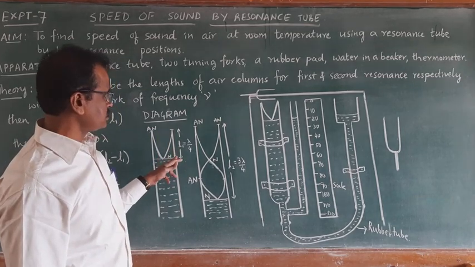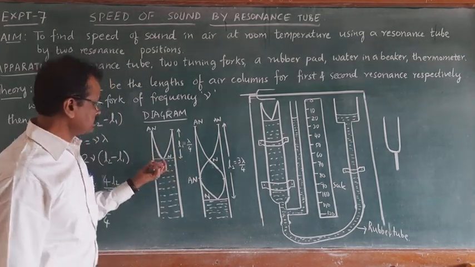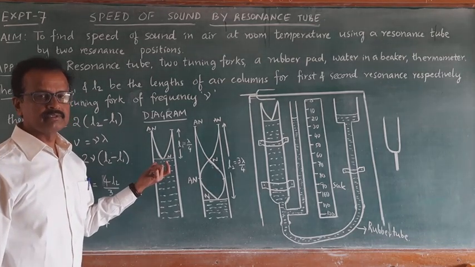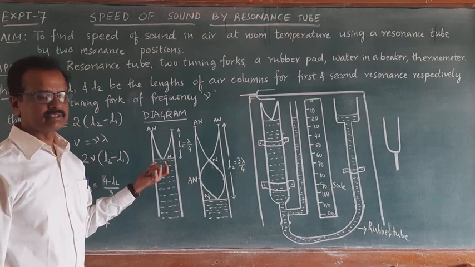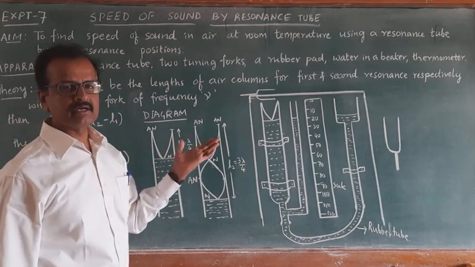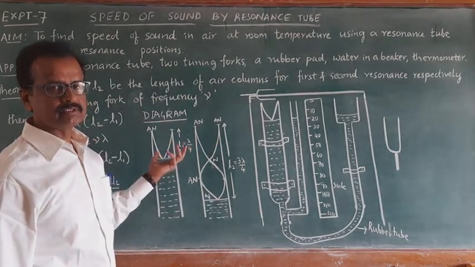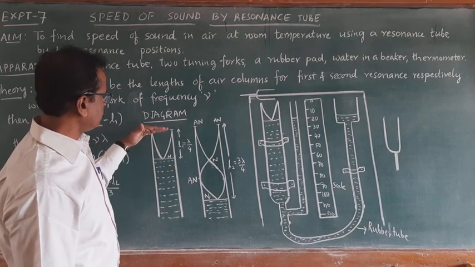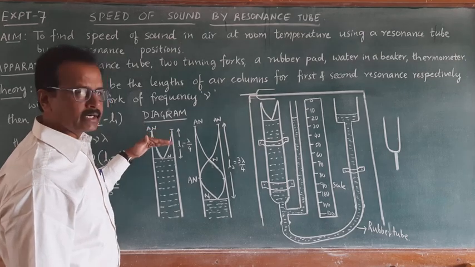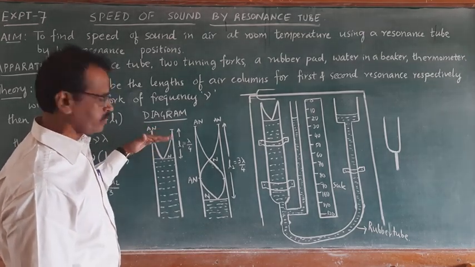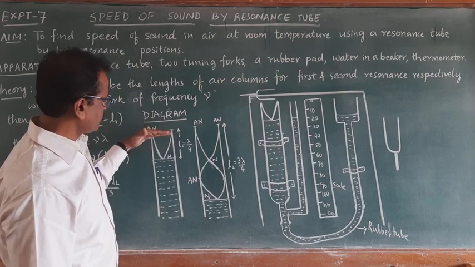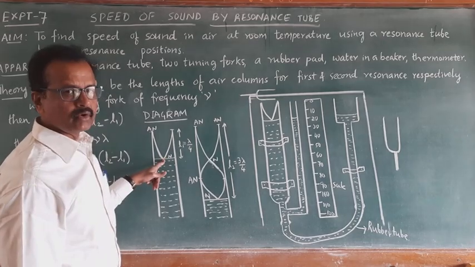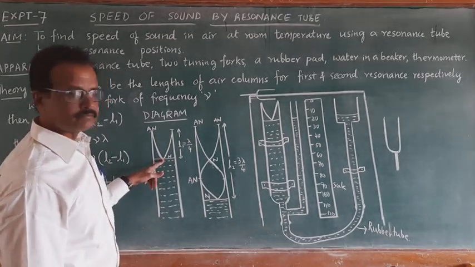The first resonance occurs with this kind of waveform. We have learned the formation of standing waves, stationary waves. Here, these stationary waves are nothing but the sound waves. When the sound waves propagate through the air column, the air molecules vibrate and pressure variations take place, and they are going to form a node at the closed end.